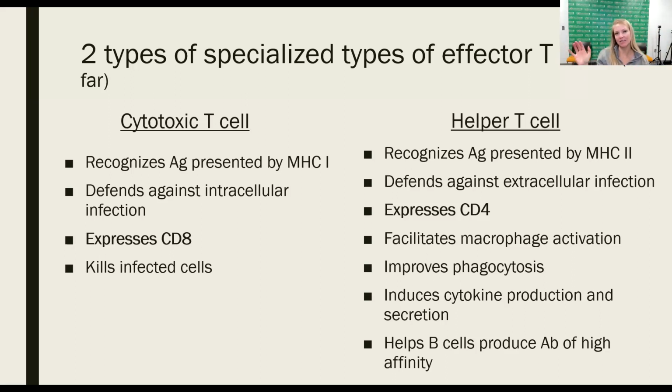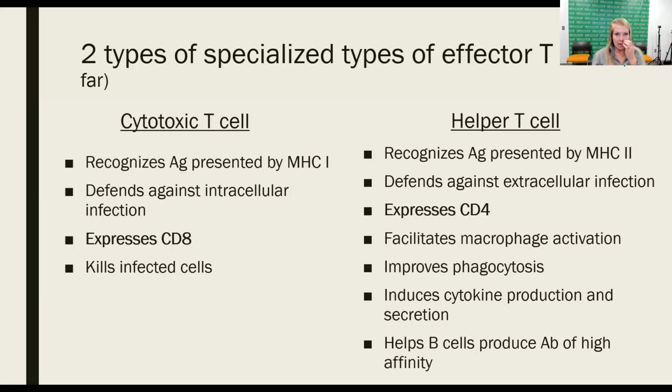Okay, let's set that over there. Let's pick up the other set of T cells, helper T cells. Helper T cells help the immune system by really conducting everything. They are going to recognize antigen presented by MHC class 2 molecules. They are important in defending against extracellular infections.